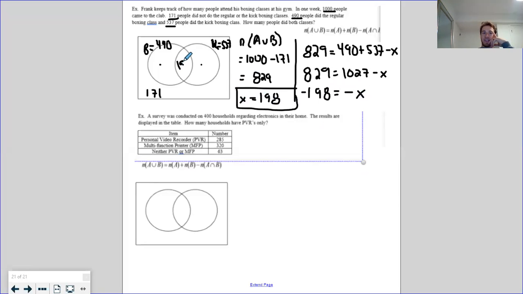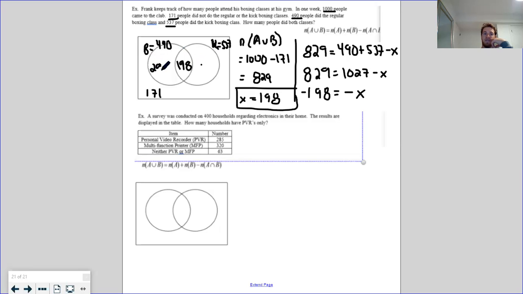Now, if you wanted to fill in the Venn diagram, you would just have to take 198 and put it in the middle. 490 minus 198 is 292.